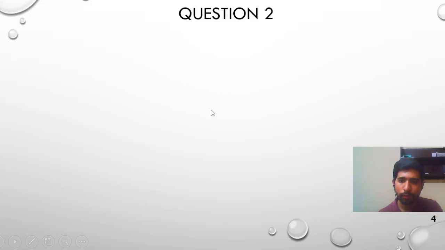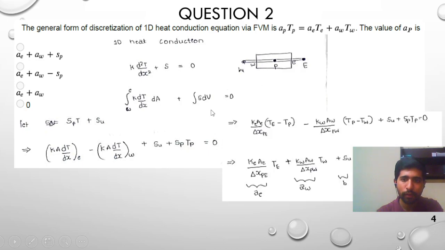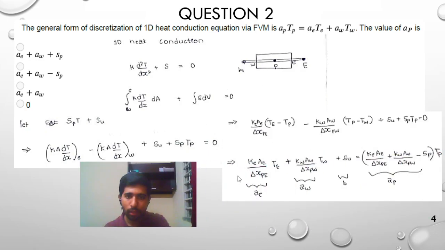So if you see in this question, this is for the diffusion term only, and this is for your temperature case.